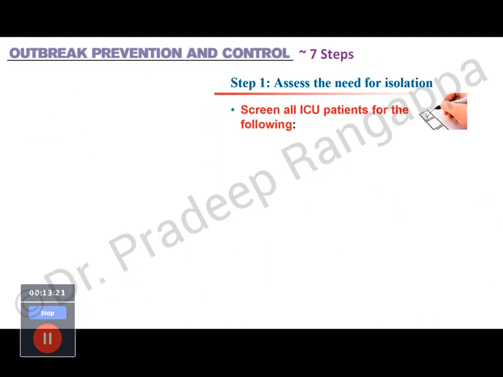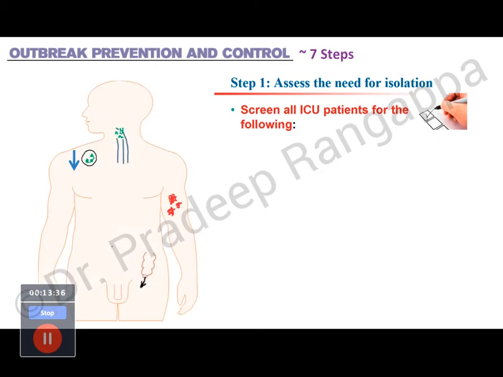So now we'll move into the next domain, which is outbreak prevention and control. There are 7 steps involved. Step one: as soon as an outbreak is recognized, the first question that should arise is whether this patient needs isolation. So you would isolate the patient who you think is a potential risk for transmitting the infection.